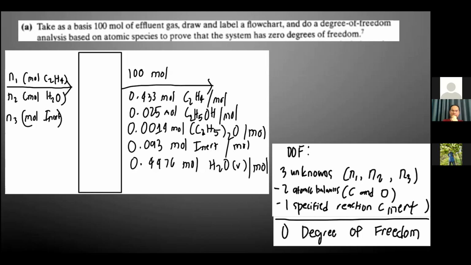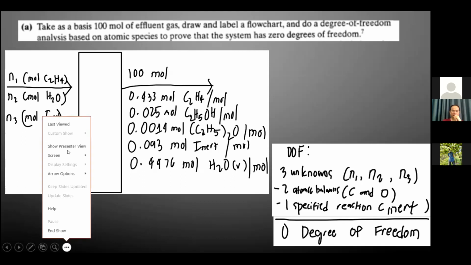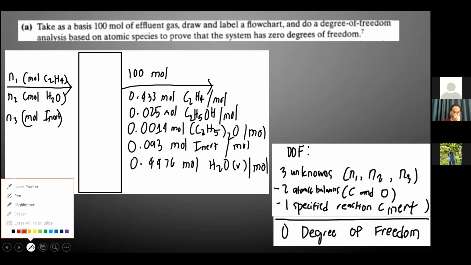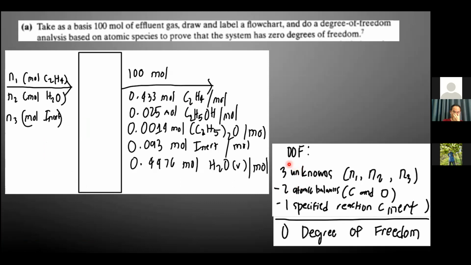Next, after we do the flowchart, we must do the degree of freedom analysis. Okay, since it is a single unit, we will be doing a degree of freedom analysis on this whole unit, based on atomic species balance.